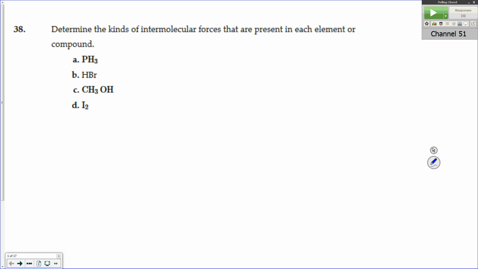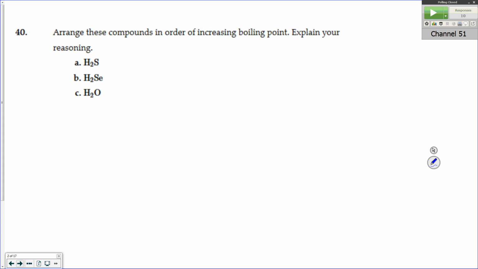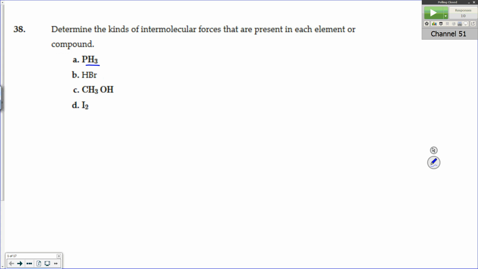All right, so the first one is PH3. If I look at PH3, I need to know something about the electronegativity, to know, is that going to have a dipole or not? And I've got to know something about where the electron densities are. If I look at phosphorus, phosphorus is going to be like nitrogen. Phosphorus has 2 lone pairs, and each hydrogen has 1.